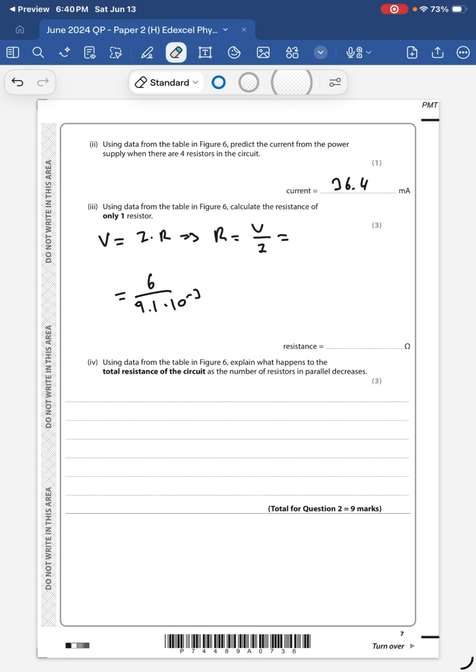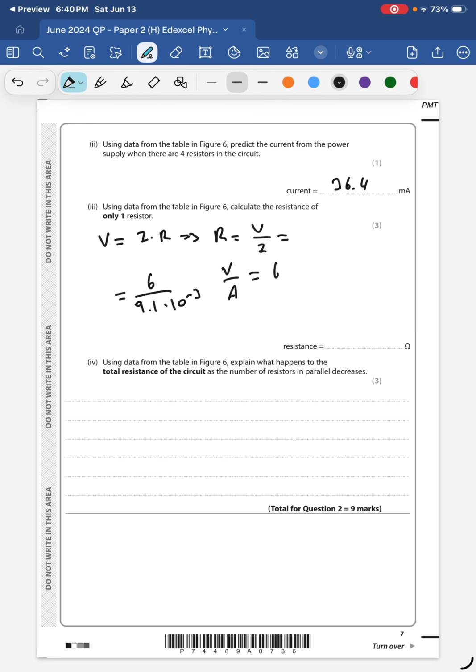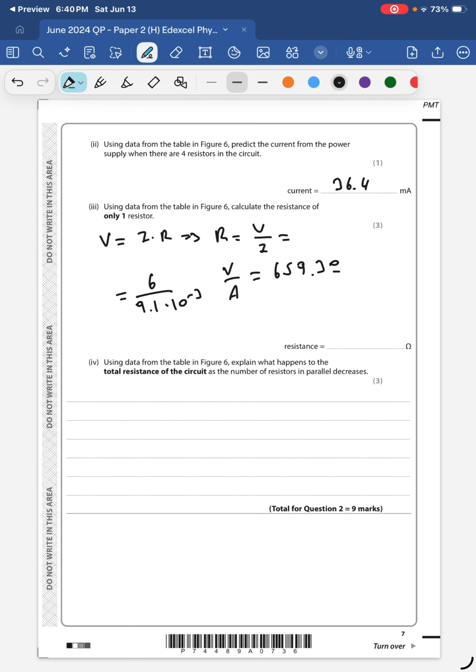Don't forget to convert. Volts per ampere makes ohms. Let me do the division really quick. The answer is 659.3 ohms, or maybe you can round it to 660 ohms. That would be fine, I guess.